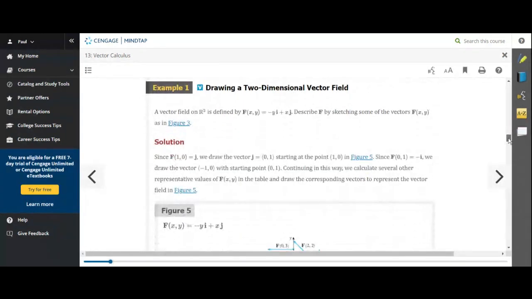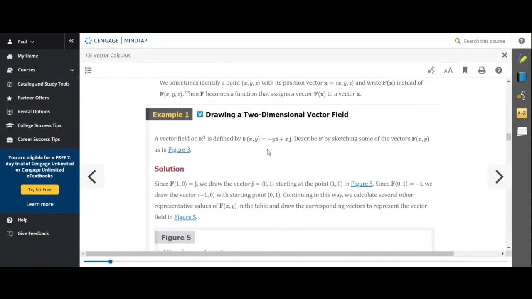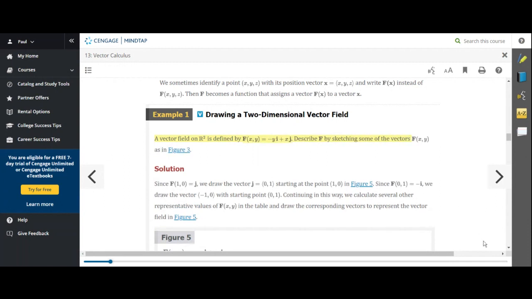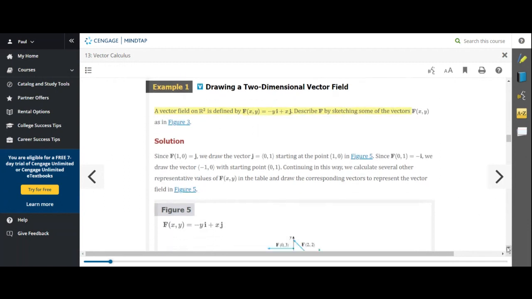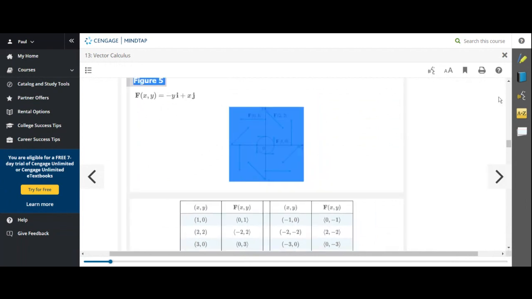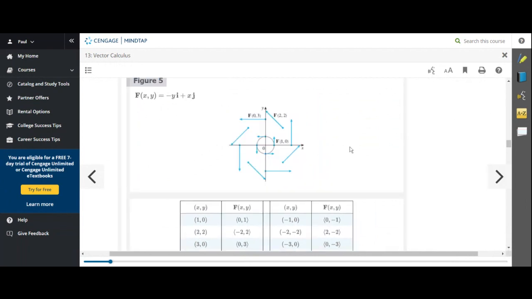If we wanted to draw a 2-dimensional vector field, like in this example 1, a vector field is defined by negative y i plus x j. They want us to draw this vector field by sketching some vectors. All you really need to do is pick some points and draw the vectors.